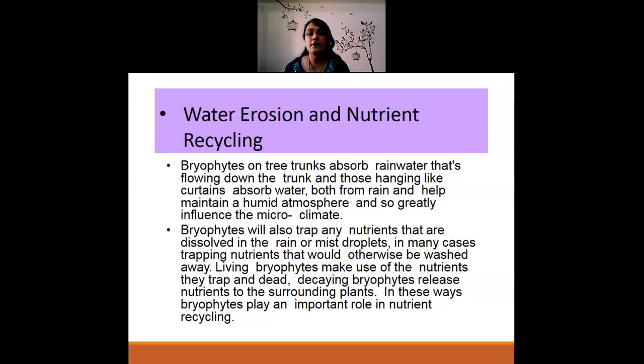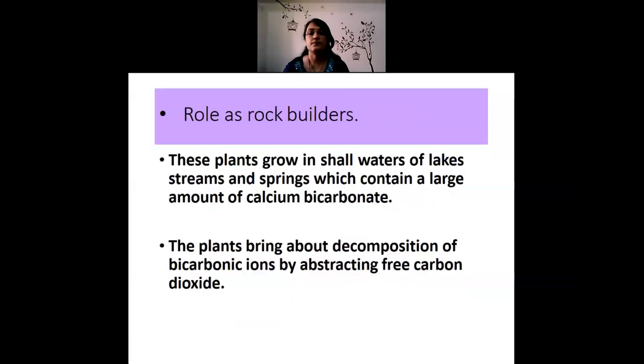Along with that, they trap many nutrients dissolved in the rain, moisture droplets and mist, and make them available to the plant. Living bryophytes make use of nutrients that are trapped, and dead and decaying bryophytes release these nutrients to surrounding plants. In this way, they help in recycling the available nutrients and make them available to the plants or tree trunks.